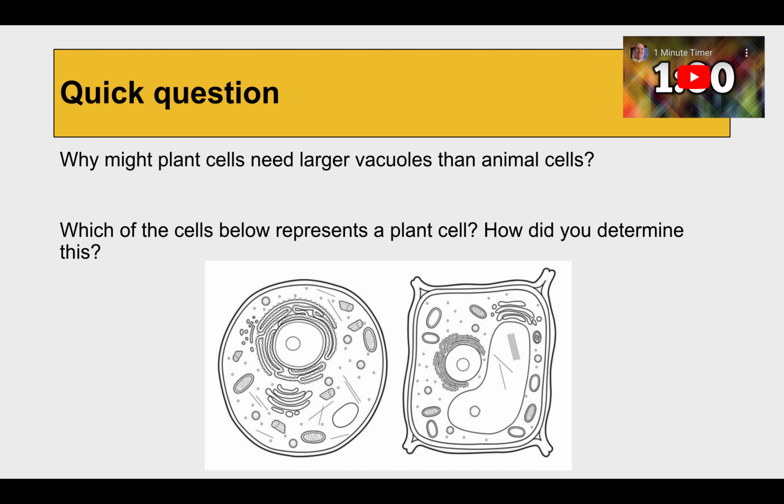All right, I have a quick question here for review, because again, I gave you a lot of information. I have one section after this, right? But why might cells need larger vacuoles? And then if we look at this image, can you determine which one is a plant cell?